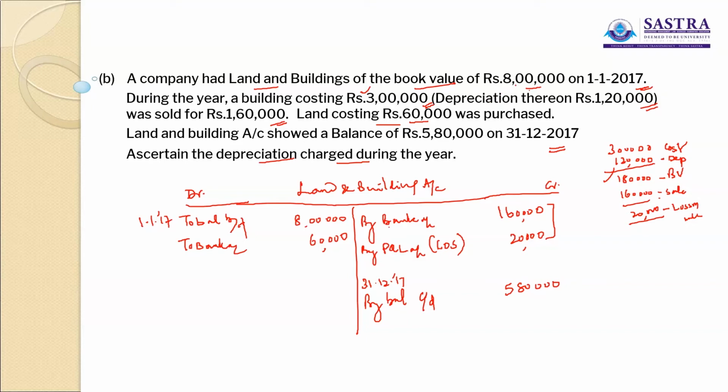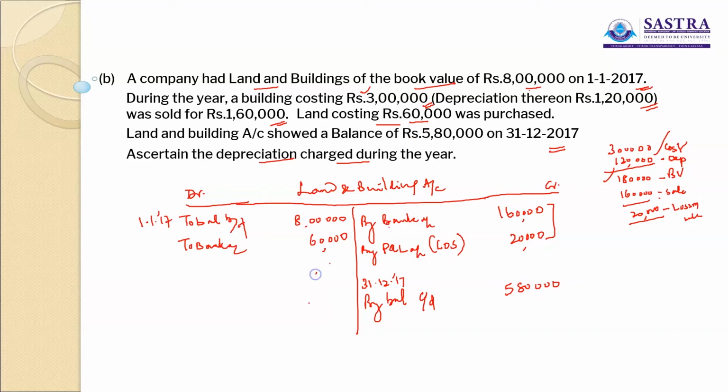That means it is after depreciation. So the depreciation amount need not be adjusted. That is the reason why this 1,20,000 depreciation was not shown here. Had it been in cost value, we have to give effect to it. But here it is in book value, that is why we have not taken it up. And the additional building purchased also given effect to bank.